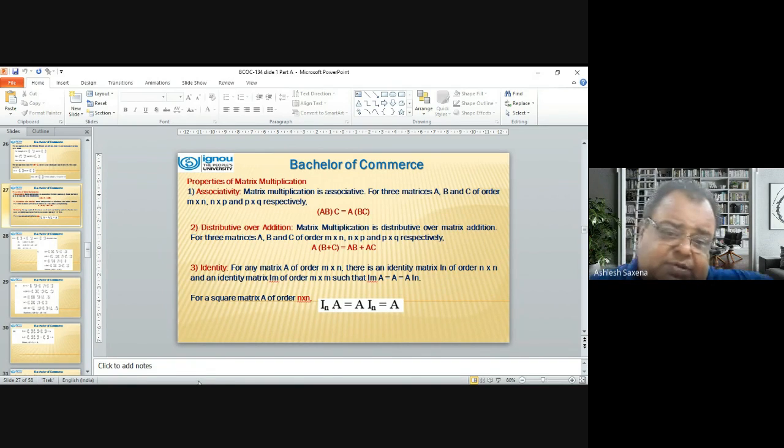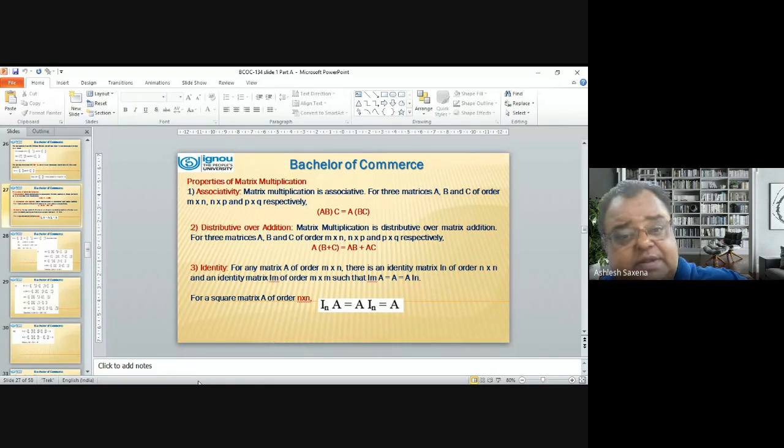Then now comes the identity matrix. I told you the identity matrix is a matrix in which the diagonal elements are 1 and all the other elements are 0. Now the question is how it is represented.